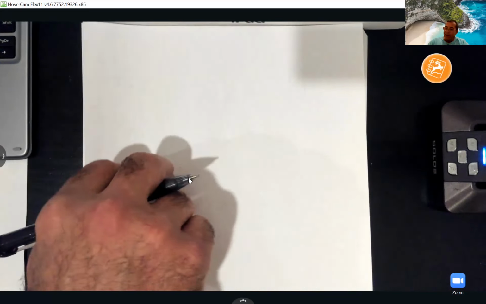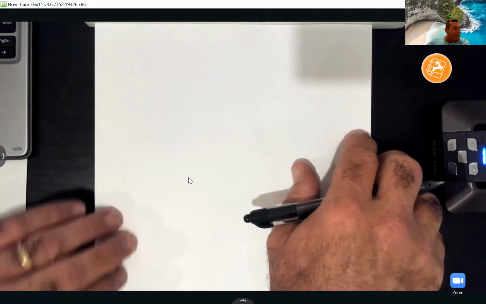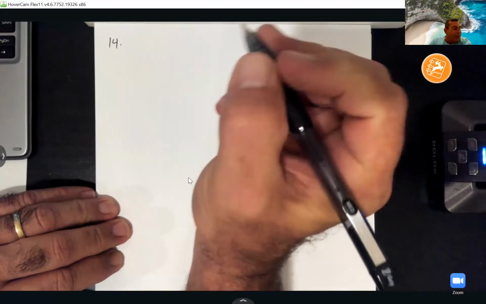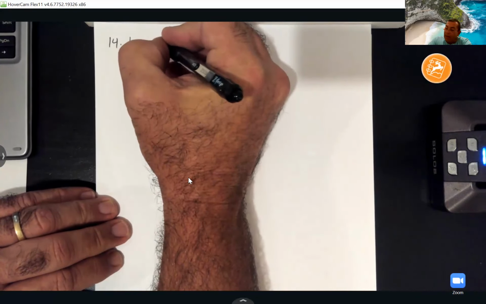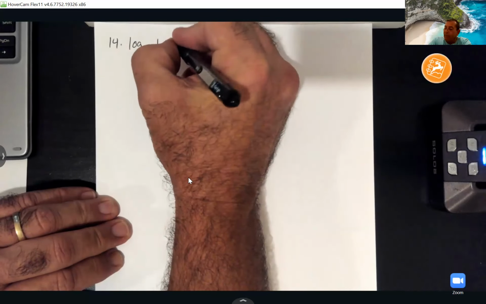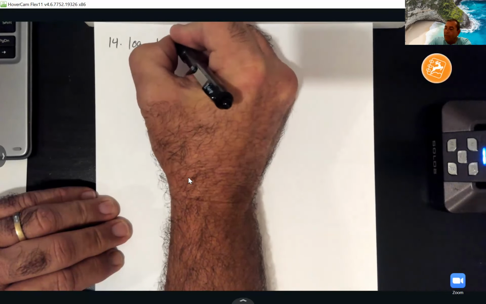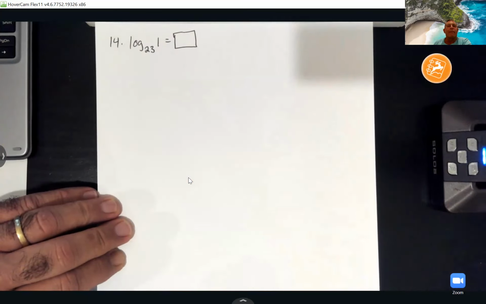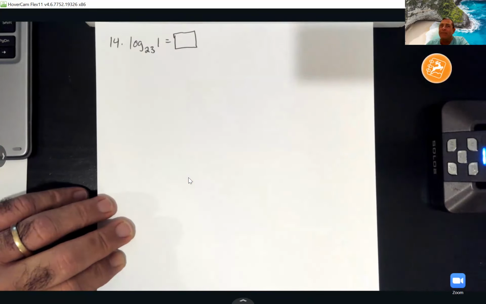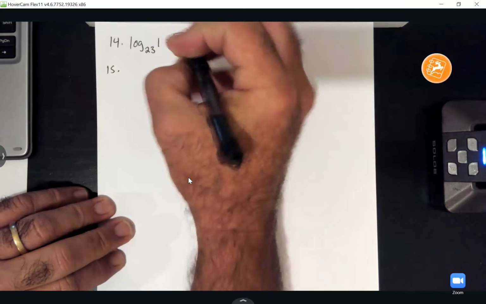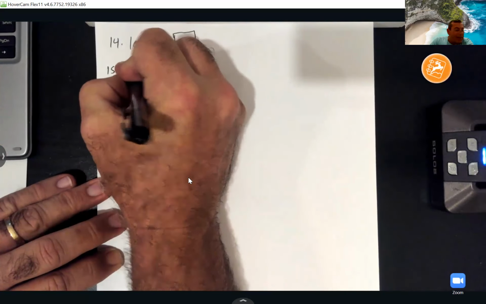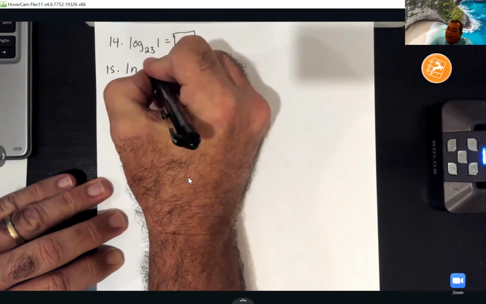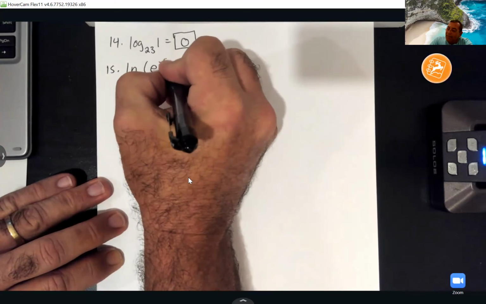All right, let me get my next page here. How about this one? Log base 23 of 1. That's taking too long on that one. 0. It's going to be a 0. All right, ln of e to the -5th.